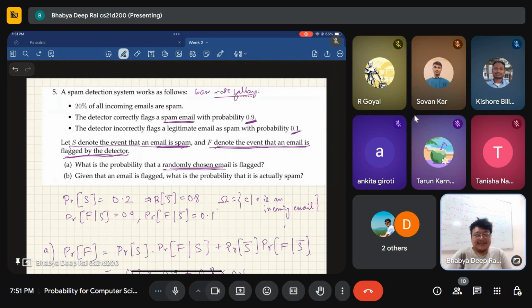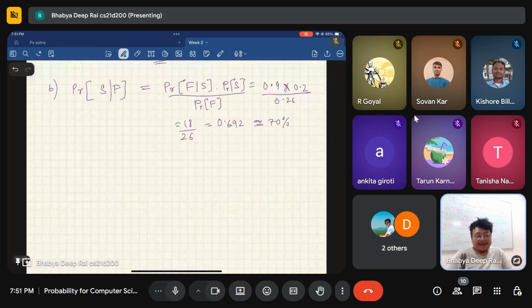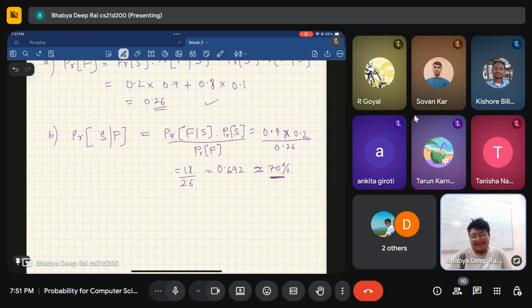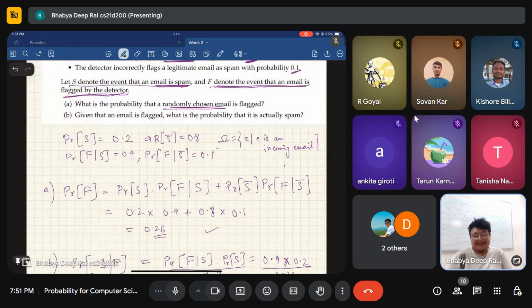But since the base rate, the set of all incoming emails that are spam, is very small, I want a much better detector. Otherwise, it's working with about 70% efficiency, as you can see. Given that an email is flagged, the probability that it's actually spam is lower than 90%.